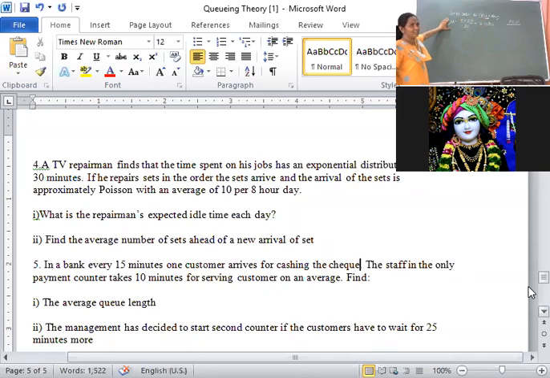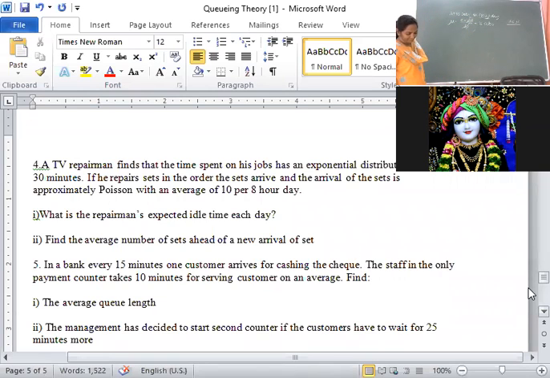Mu is given in terms of minutes, so you convert in terms of hours: 60 upon 30, but 8 hours per day is given, so you multiply with 8. 16 sets. Verify in the final examination whether this lambda is strictly less than mu.